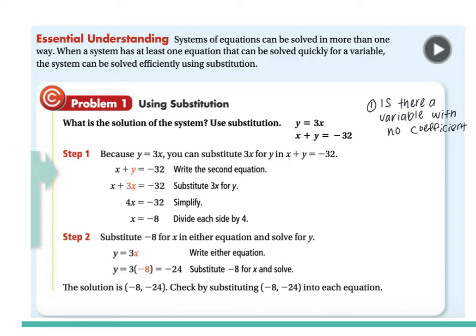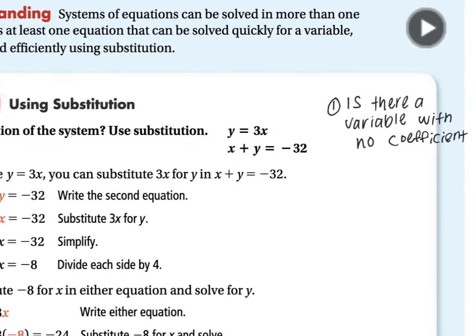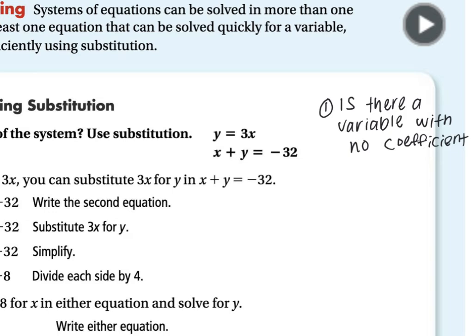Okay, so remember, a coefficient is just, is there a variable with no number in front of it? Okay? Now, in our case, we have 3 of them, right? We have y, we have x, and we have this other y, okay?